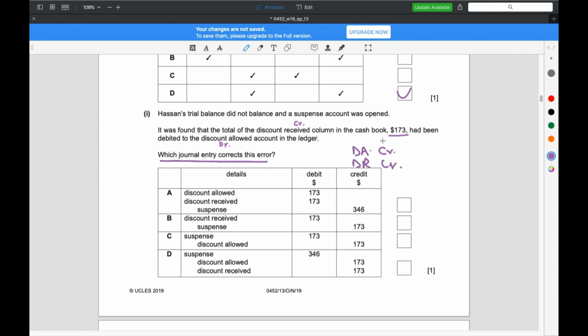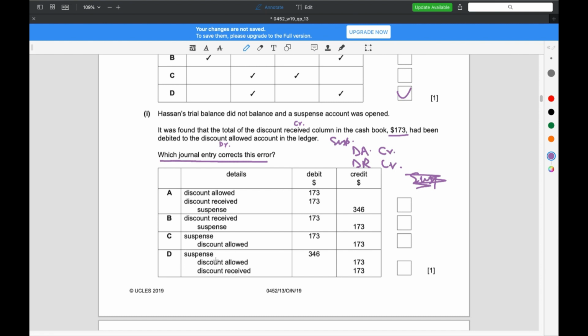And that means that to balance this entry, we have to debit the suspense account, right? So if you take a look at option A, do not be confused with this. This is actually debiting the discount allowed and received and crediting suspense. I've made this mistake a lot of times.